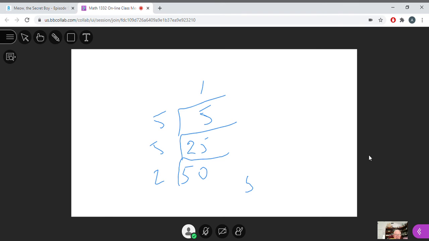So 50 is equal to 2 times 5 squared. 5 squared is 25 times 2 is 50. You guys get the idea? Yes. So this is called the prime factorization method using the tree.